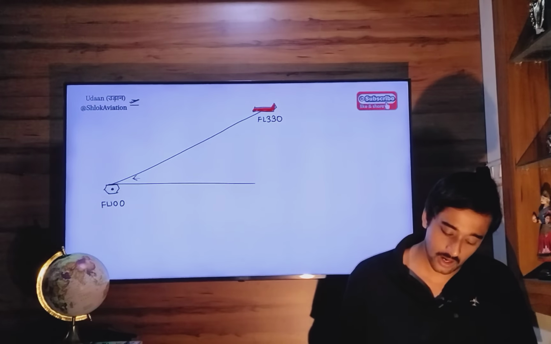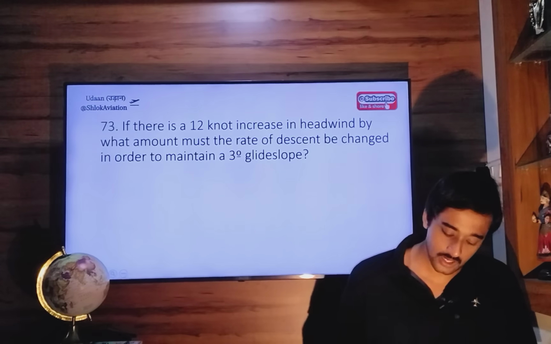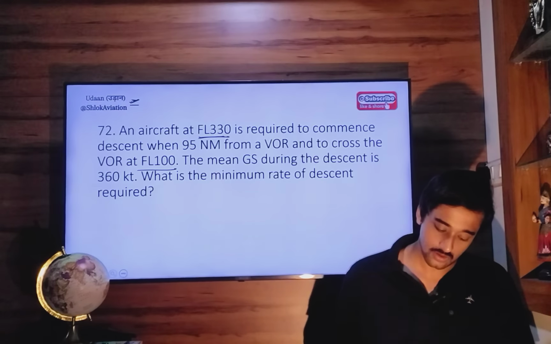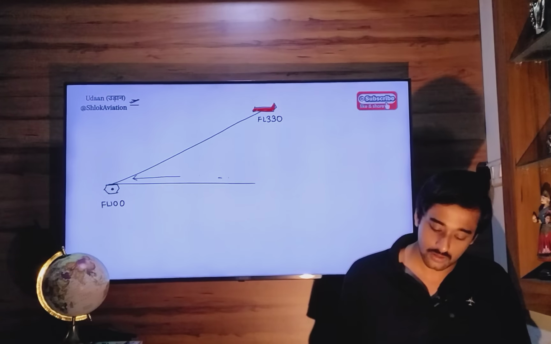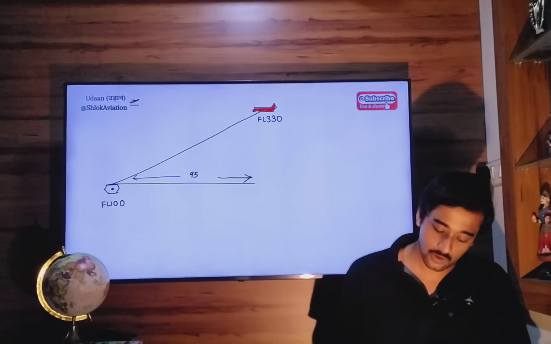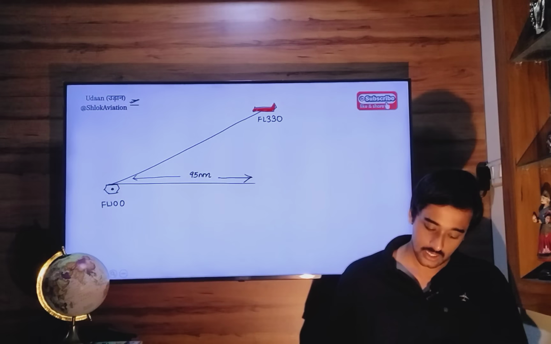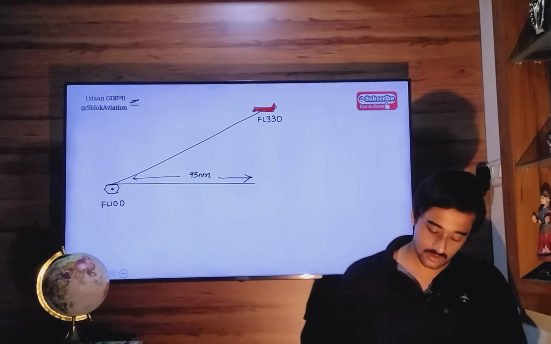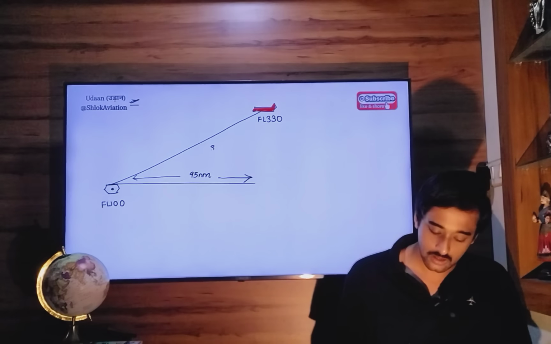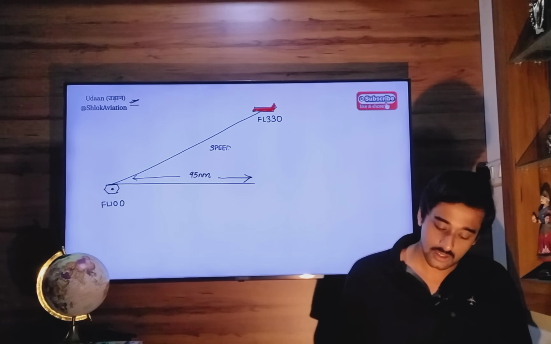Horizontal distance: you are how many miles away from the VOR? 95 nautical miles. Your speed is 360.